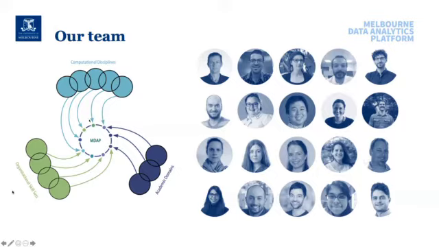Here on the left, you can sort of see a cartoon of how we see ourselves. So we all come from different academic domains, and we represent broadly the areas that are also represented at Melbourne Uni, roughly speaking, medicine, STEM, and of course, humanities and social sciences.